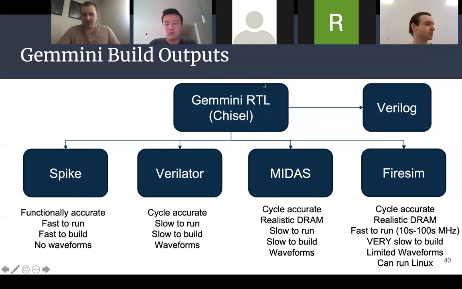We won't really go into much FireSim detail here because FireSim is probably one of the best documented Berkeley projects, and it's also too large to cover in this one tutorial. But the accelerated simulations you produce through it are also cycle accurate, fast to run, but very slow to build, and you have limited waveform support. The one other advantage is you can run Linux on them because they run fast enough to do so.